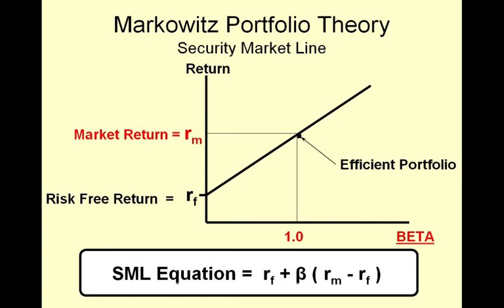If the investor is comfortable with a risk indicated by a beta of 1, the investor is going to put all of his or her money in the stock market and earn the return on the stock market. If the investor is uncomfortable with that level of risk, the investor will put some money into risk-free investments and some in the stock market, and select a combination of risk and return somewhere in this area.